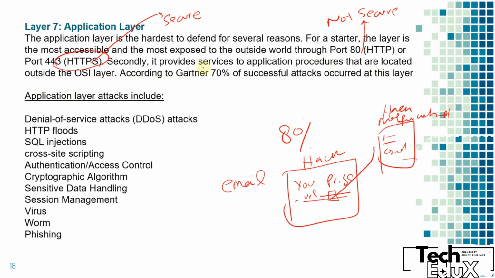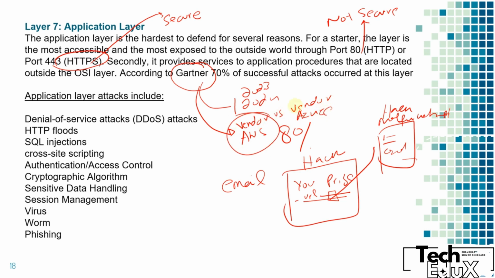According to Gartner, and by the way, Gartner is a very good website that is going to give you brief information about the attacks that are happening currently, maybe attacks happening in 2024, in 2023. Similarly, Gartner is going to give you information about one vendor versus another vendor. For example, AWS versus Azure.